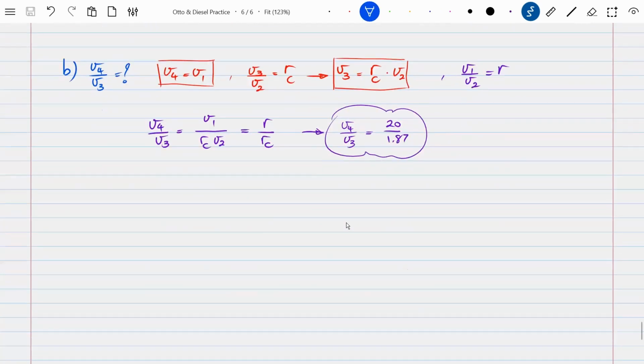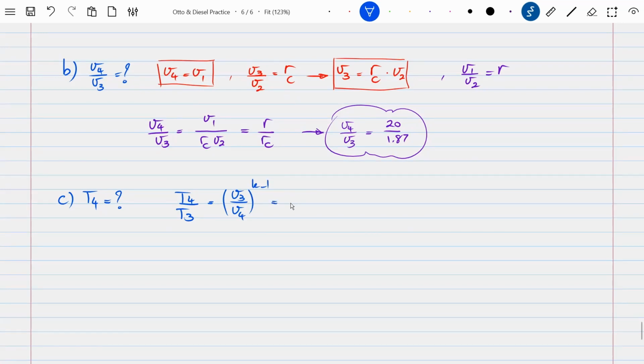Now, finally, for part C, we are tasked to find the exhaust temperature. Again, as we discussed in problem 4, the exhaust temperature is the temperature of the outlet, right? And that is what we are going to find. The relation between temperature 4 and temperature 3 follows the equation of an isentropic process. I can say T4 over T3 is volume 3 over volume 4 raised to K minus 1.